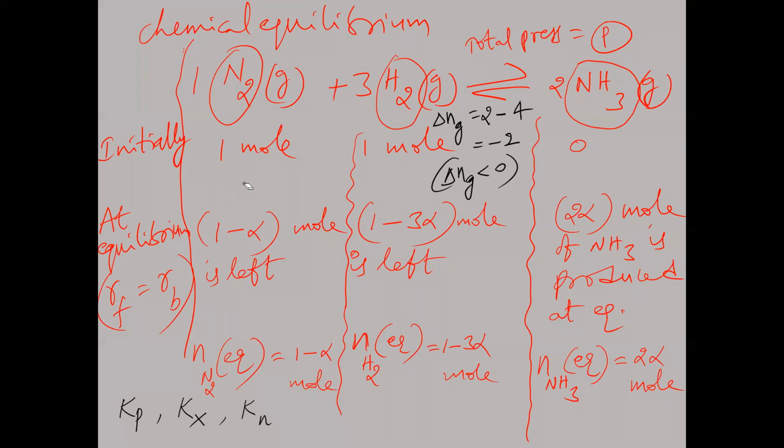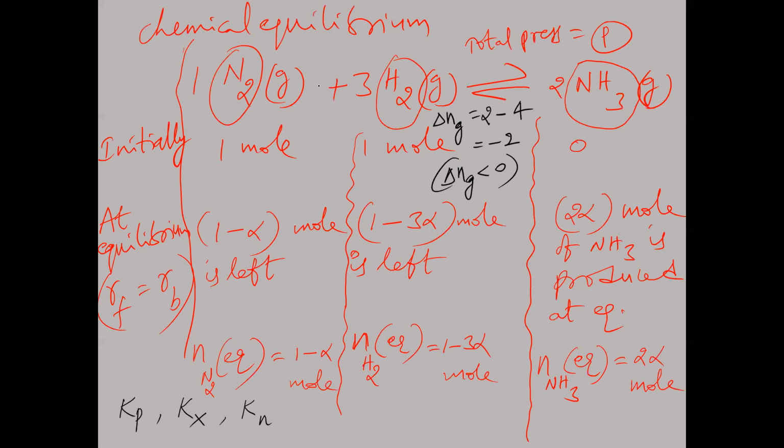Next, suppose we take the relation between Kp and Kc. First write what Kp, Kc, and Kn are. Kn means the equilibrium constant in terms of number of moles. How do we write it for the above reaction?